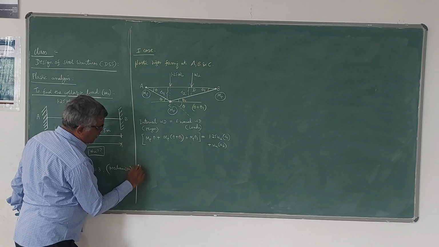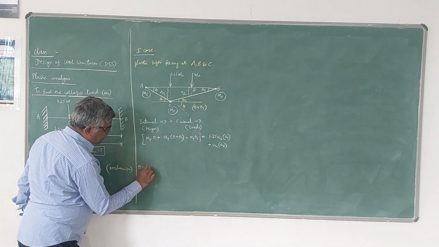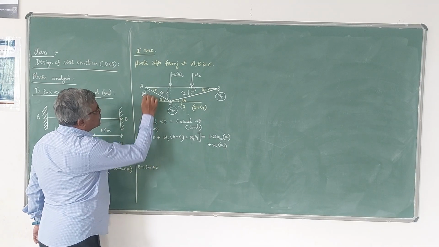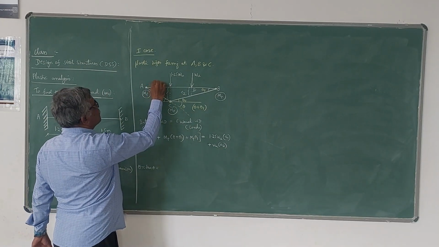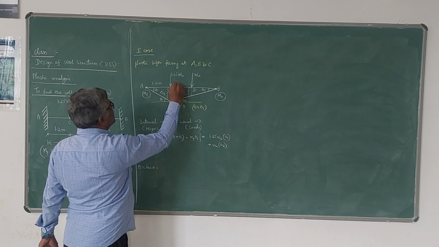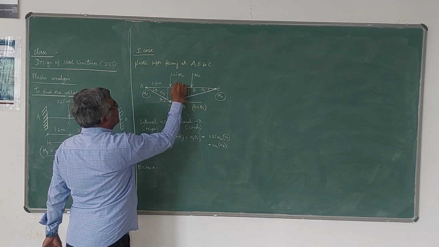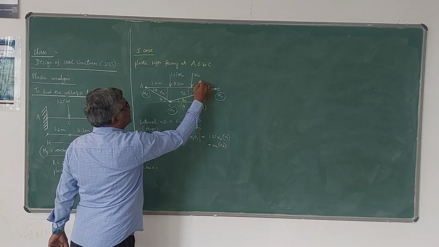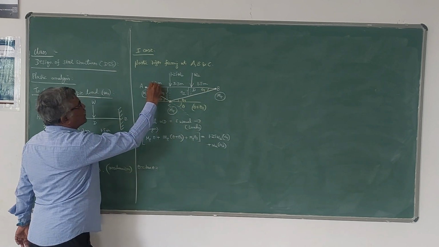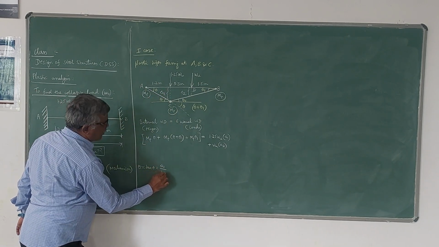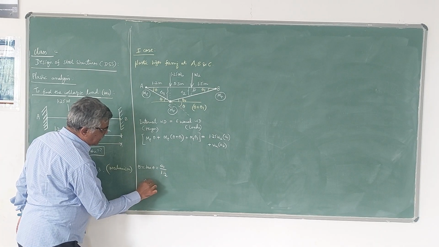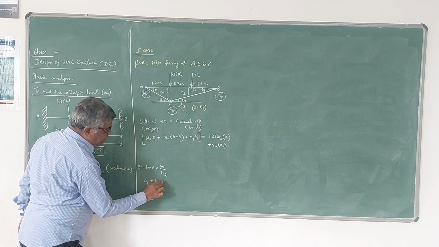Since theta is very small, theta can be equated to tan theta, and from this triangle, tan theta is delta 1 divided by 1.2. The distances are 1.2 meter, 3.2 meter, and 1.5 meter, as given in the problem. So delta 1 is equal to 1.2 times theta.